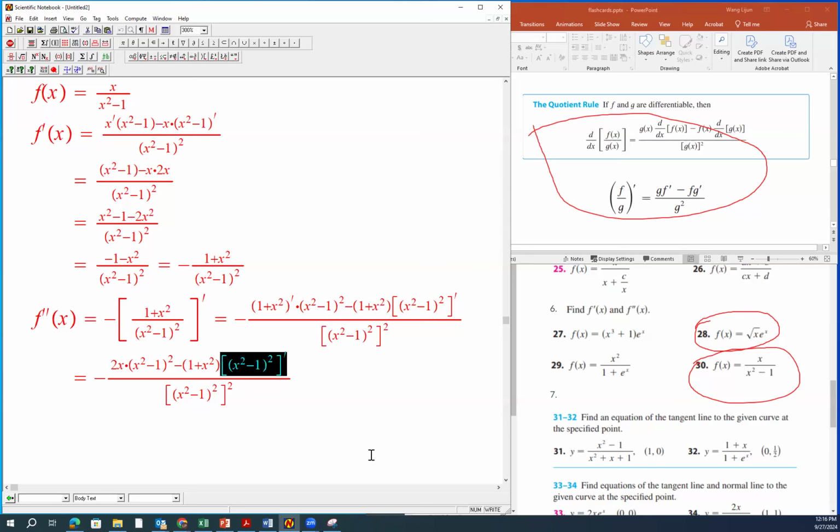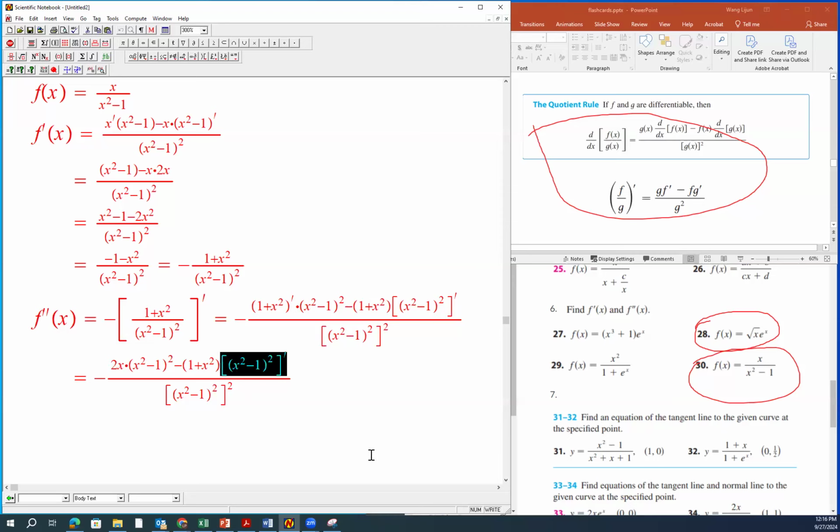This is before chain rule. And of course, the denominator, you can do power times power, that's going to be 4, 2 times 2 is 4. So the denominator is taken care of, the first term is taken care of. How do we differentiate this part, before power rule, before chain rule?